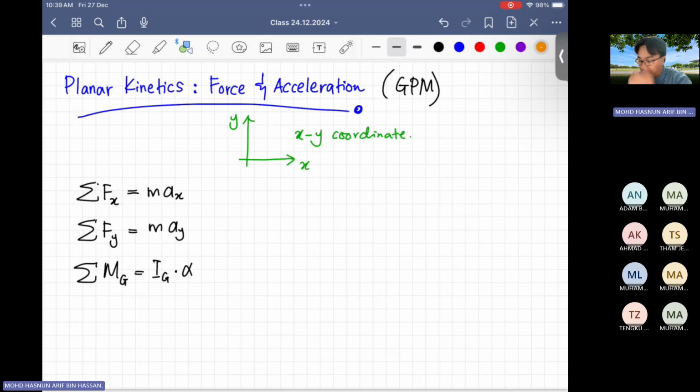So let's take, for example, if we have a wheel, like what we have calculated in the previous class. The wheel is currently rolling on the ground.